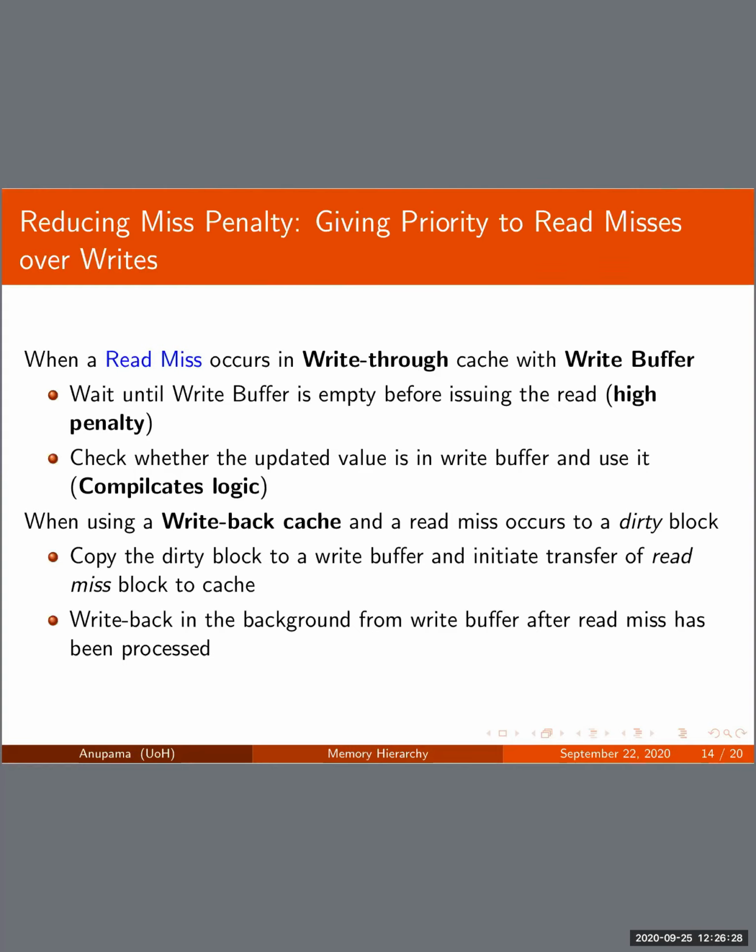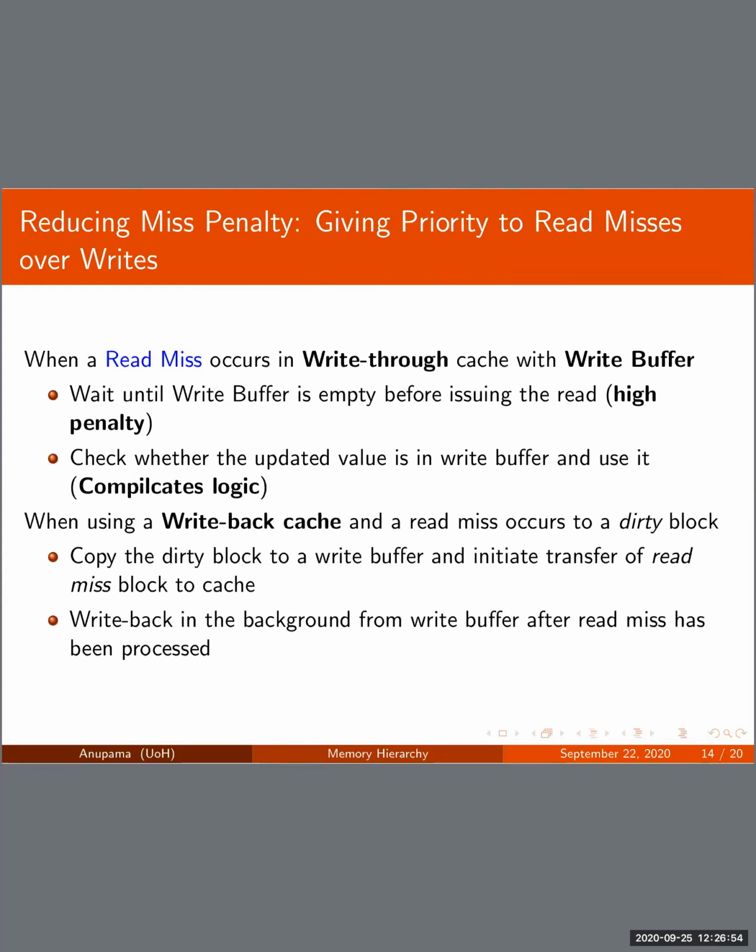The write has only completed to the cache and to the write buffer. It has not completed to the main memory. At this point, this processor issues a read which falls in the same block, and it is a conflict. So you have to replace that block. What do you do? That is the question.